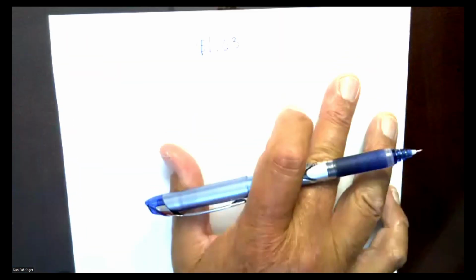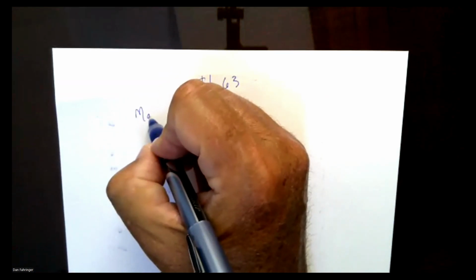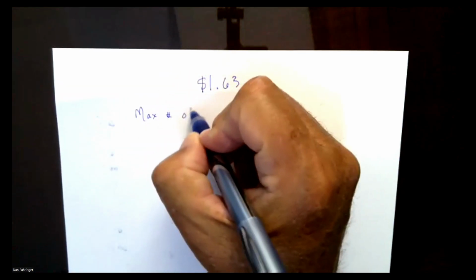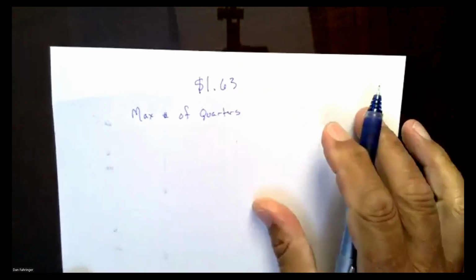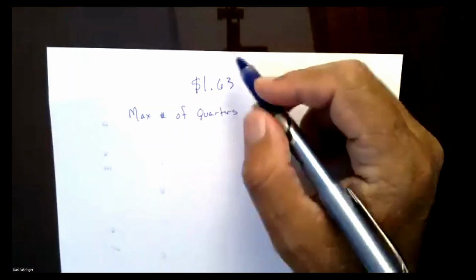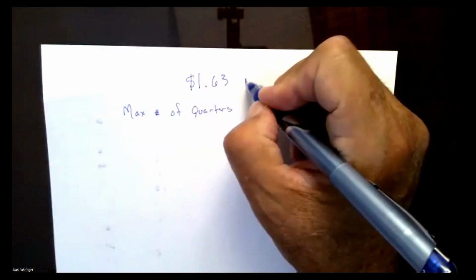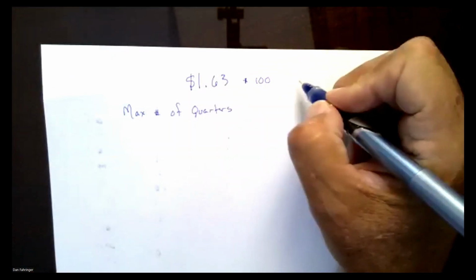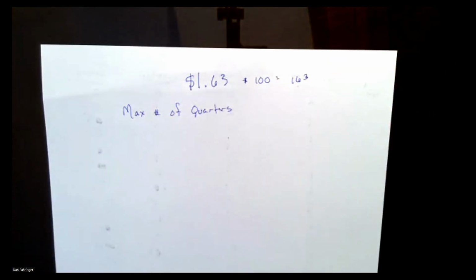Okay. So my first question is, what's the max number of quarters? You'd have to divide the input by 0.25. Yeah, or I could take this and multiply it by 100, so I'm working with 163. That might be a little easier.